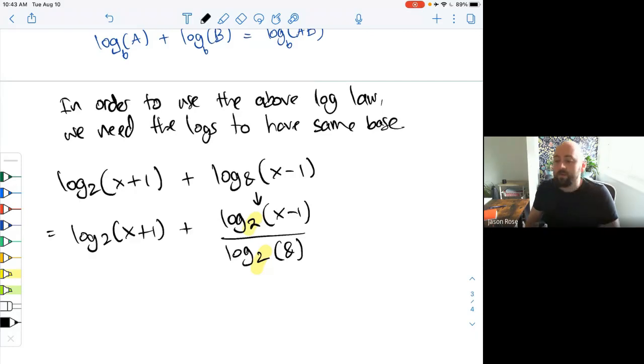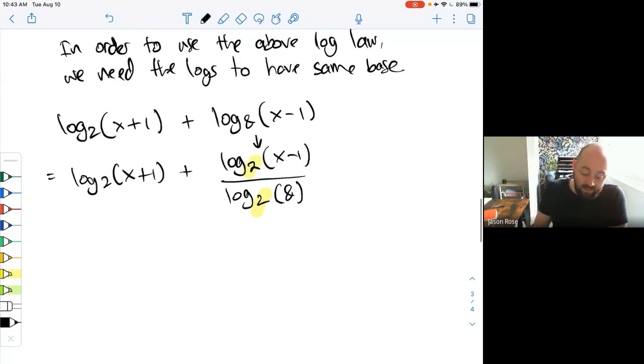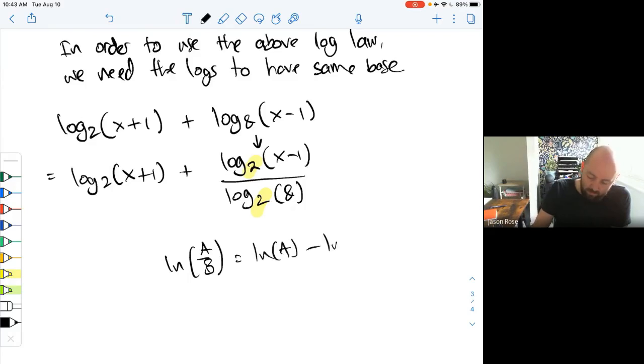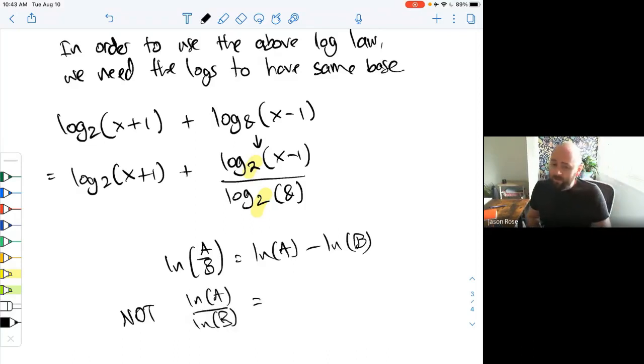Where are we going? Okay, so it's a good thing. We now have them all with the same base, but this looks tricky. We don't have a log law, and this is why I really had this question in here. We do have a log law for this. Not ln of a over ln of b equals, right? There is no log law for that.